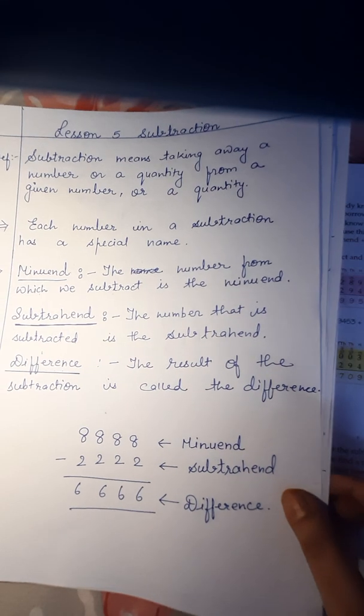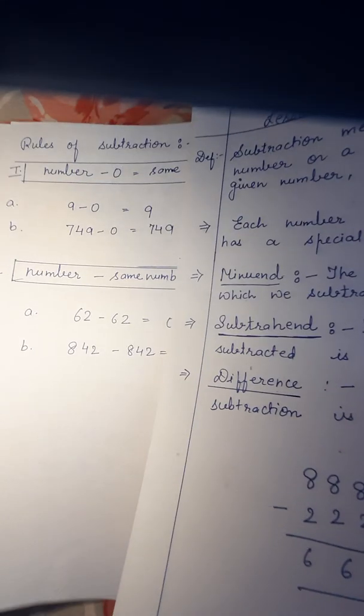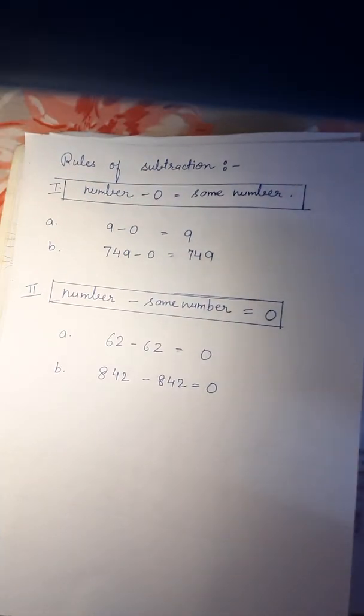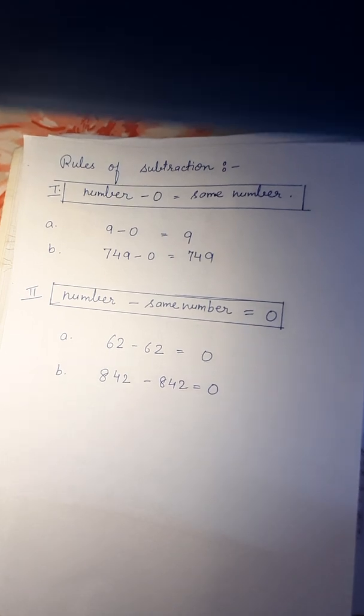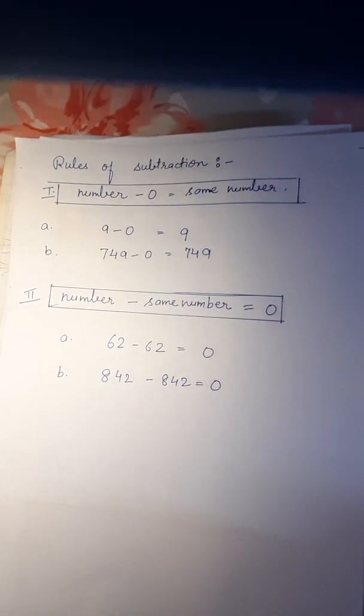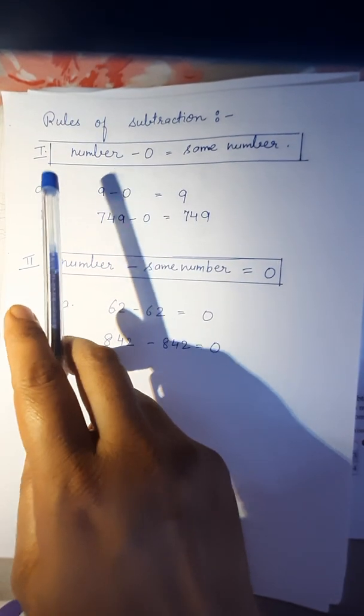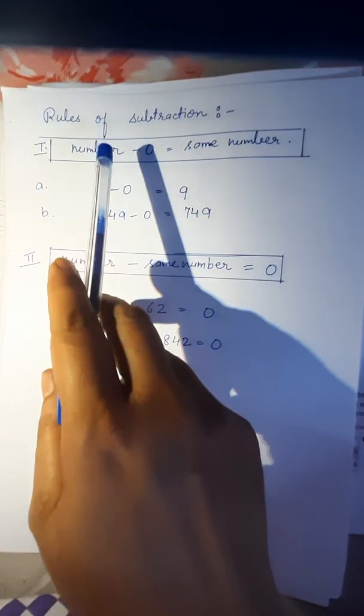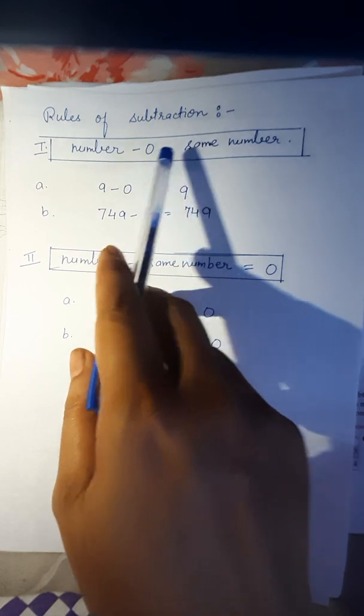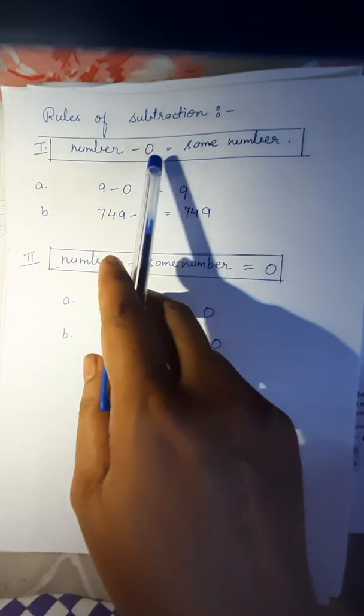But before that, we will see some basic rules of subtraction. Let's start with that. This is rule number 1. When you subtract 0 from any number, you will get the same number.